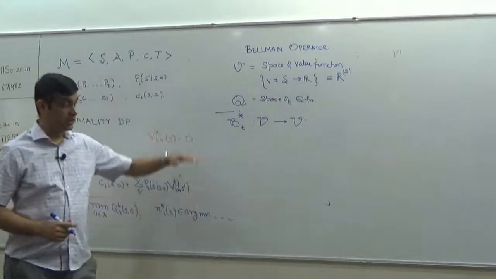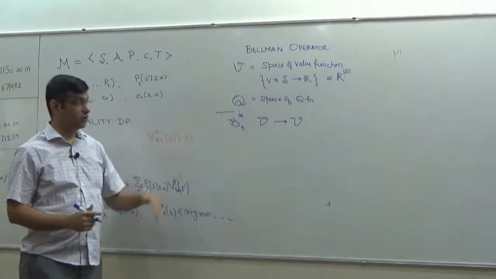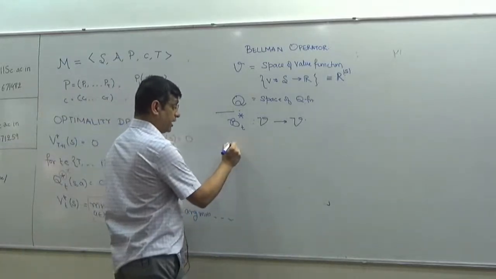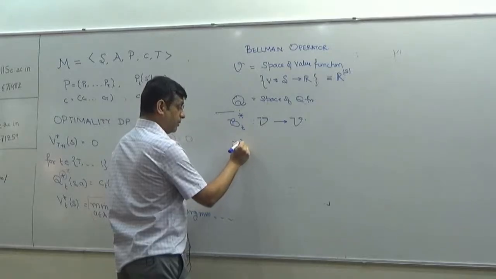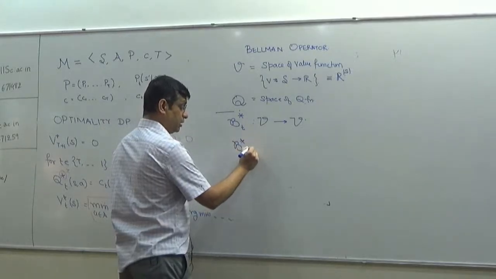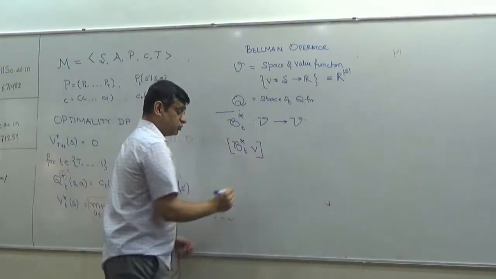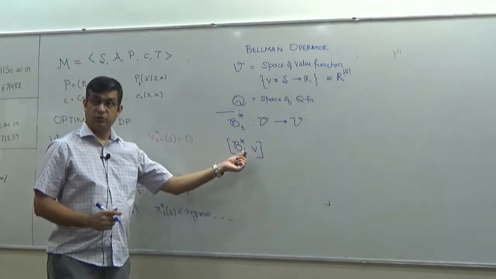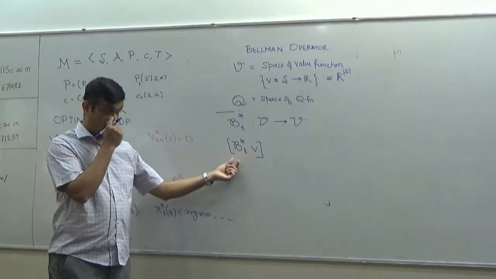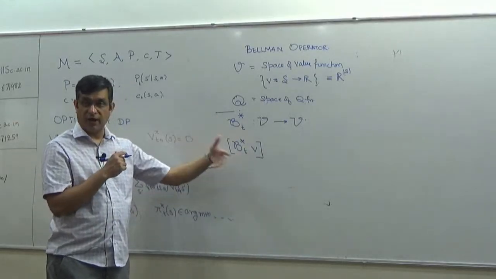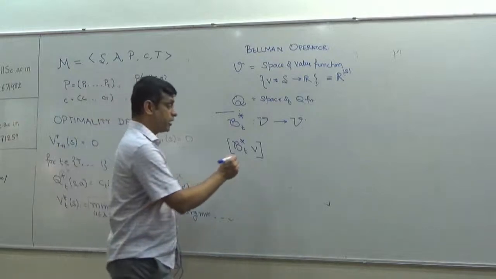So, it takes a value function and gives me a value function, and it is defined by B star t for any value function V. So, this is an operator whose input is a function, its output is a function, and I am going to now evaluate that output at a particular point.